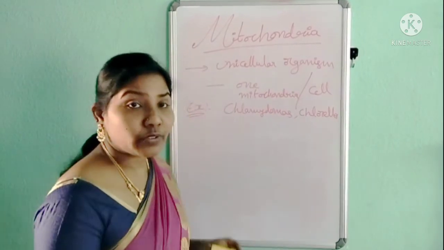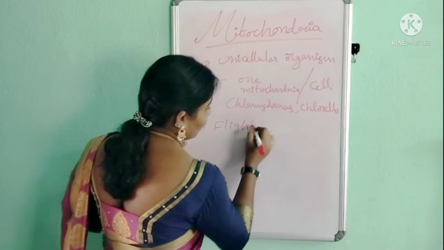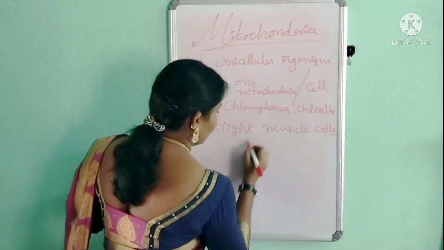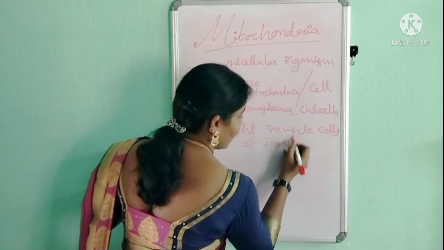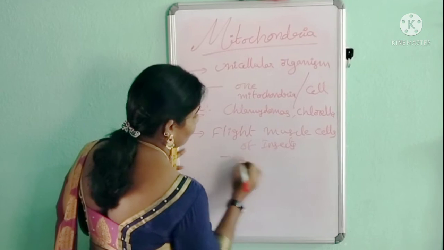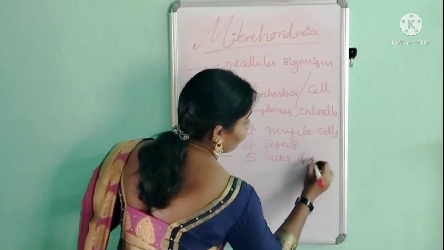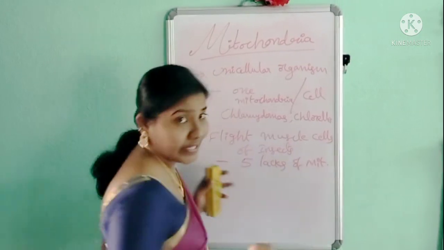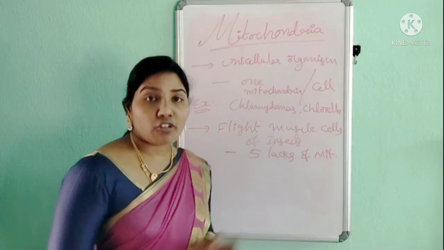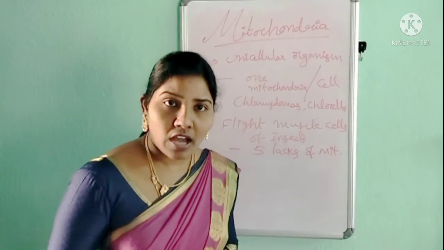Then coming to the flight muscle cells of insects, there are 5 lakh mitochondria present. The scientist Kolliker observed the mitochondria in the flight muscle cells of insects, as we already know.